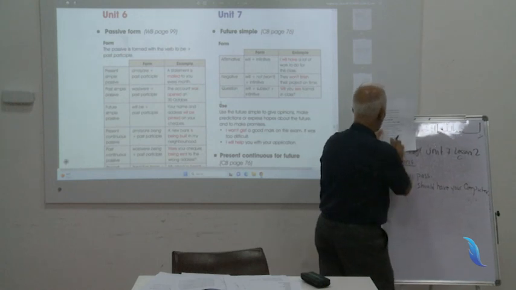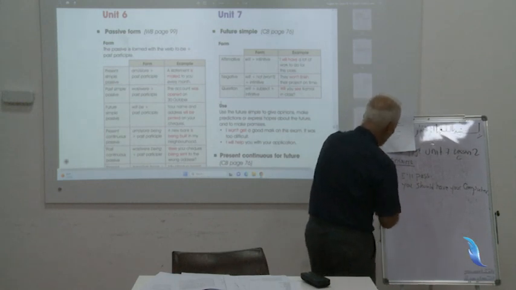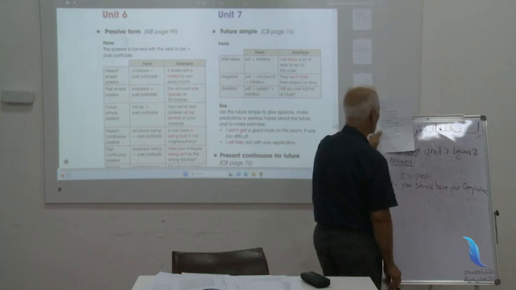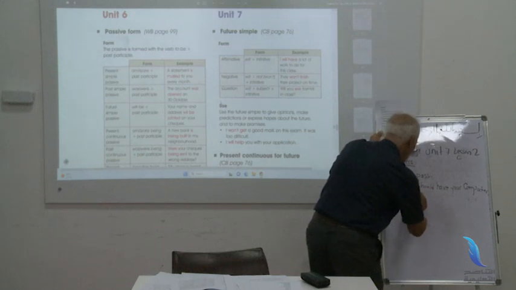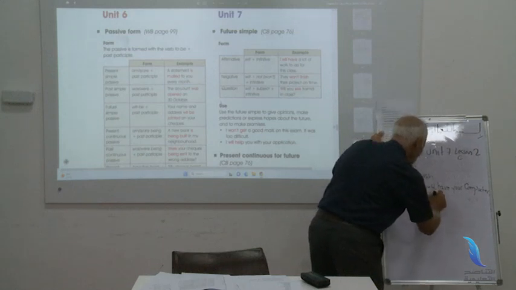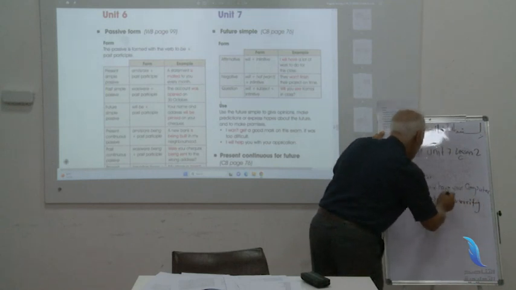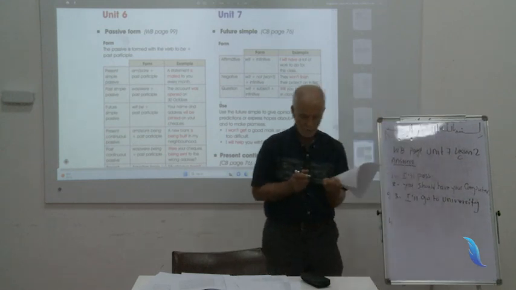Number 3, if my parents can afford it, I'll go to university. Okay, and so on.